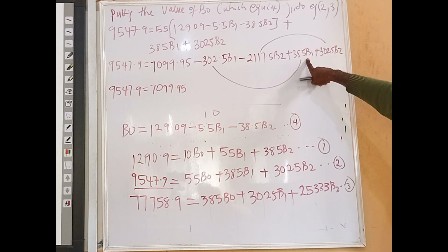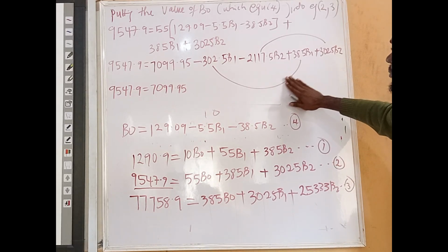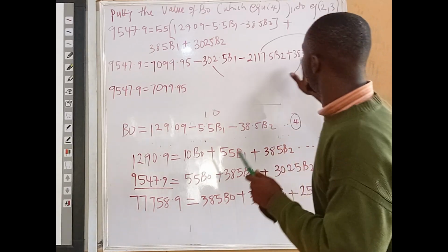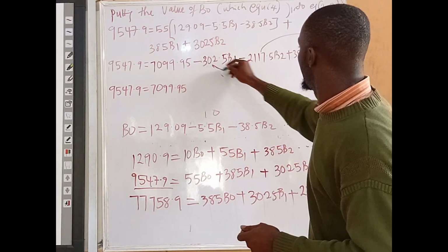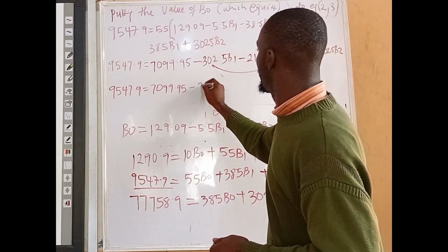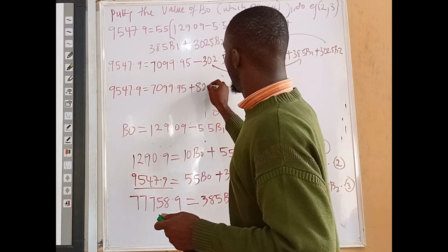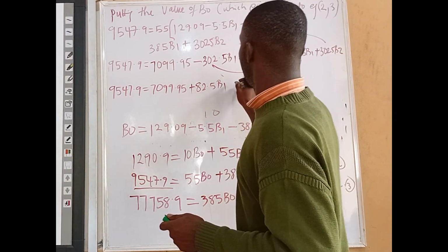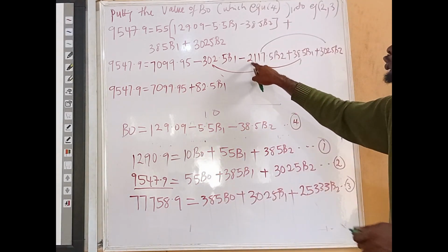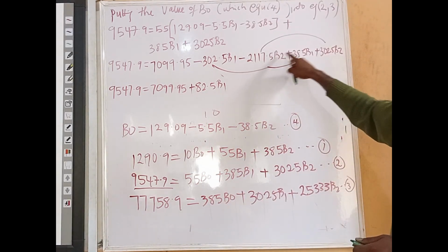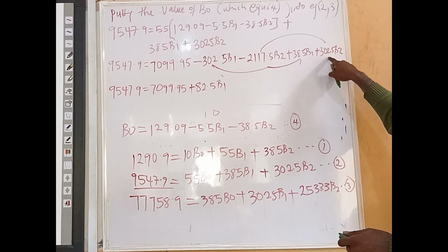We get minus 82.5 B1. Then we now do minus 2117.5 plus 3025.